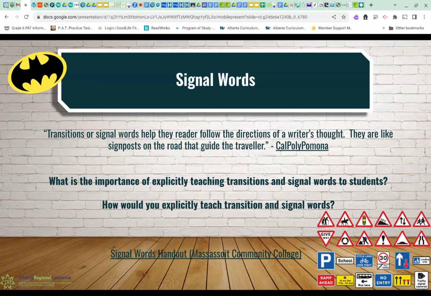And that's something, especially by the high school level, that we expect our students to be able to use. So thinking about those signal words, they're the signposts that show where they're moving towards. So we need to explicitly teach those transition and signal words, but how?